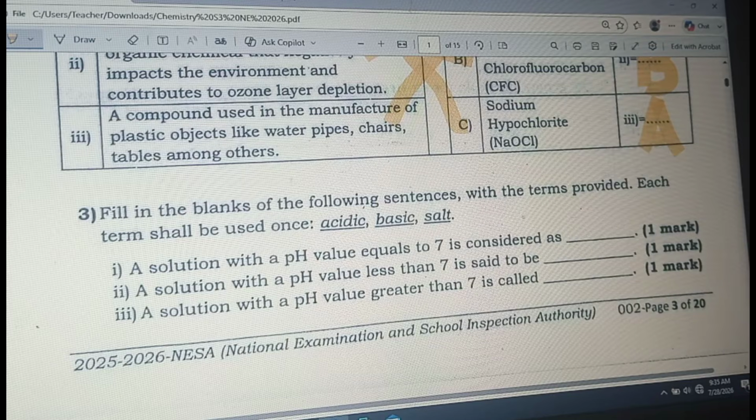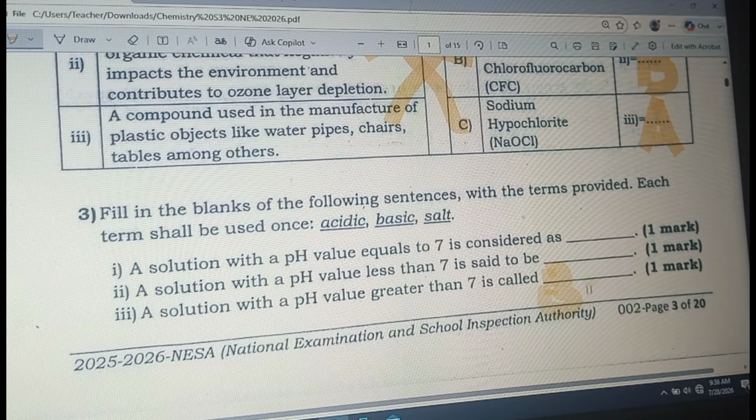From 0 up to 7 is what we call acidic. From 7 up to 14 is what we call basic or alkaline. So a solution with a pH value greater than 7, meaning pH from 7 up to 14, is called basic.